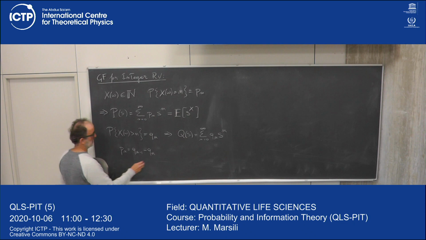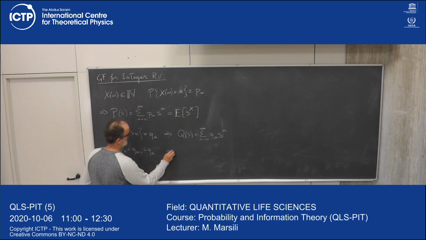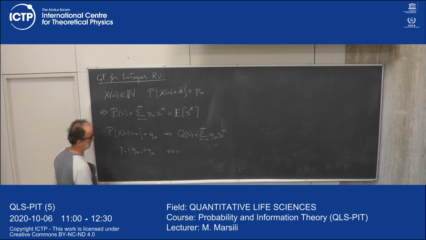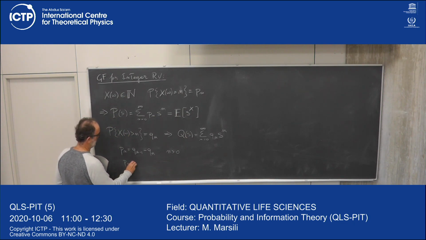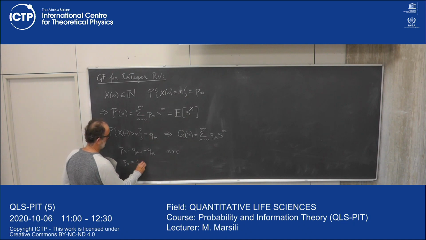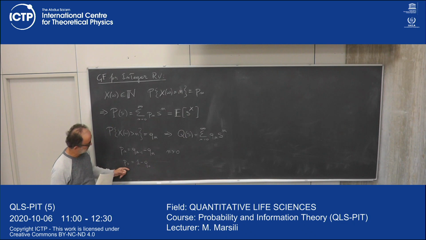Of course this expression holds for n positive, but for n equal to 0, you have that P0 must be equal to 1 minus Q0. So the probability that X is equal to 0 is 1 minus the probability that X is larger than 0.